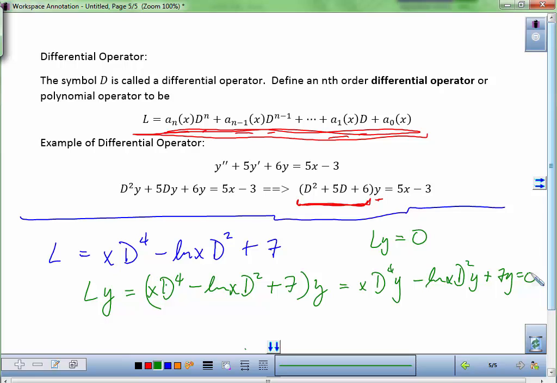Now, if that looks like a differential equation already, then we're all good. If it doesn't, then we'll take one more step and say d4th y is the fourth derivative of y. So we can rewrite this as x times the fourth derivative of y minus ln x times the second derivative of y plus 7y is equal to 0.